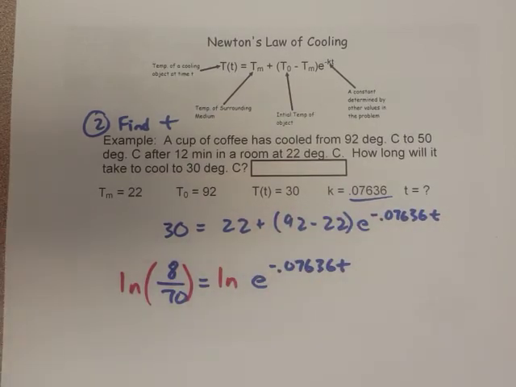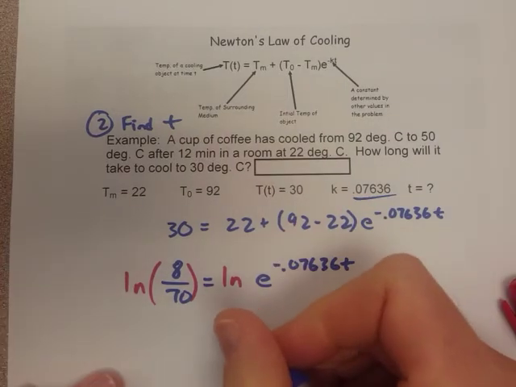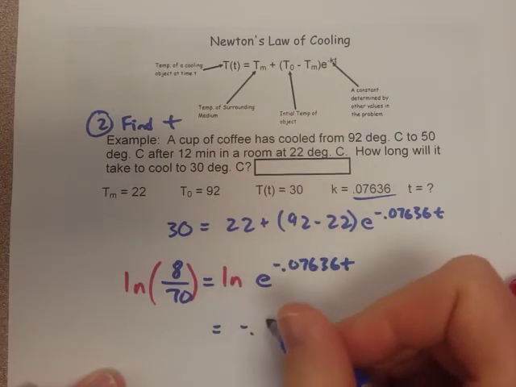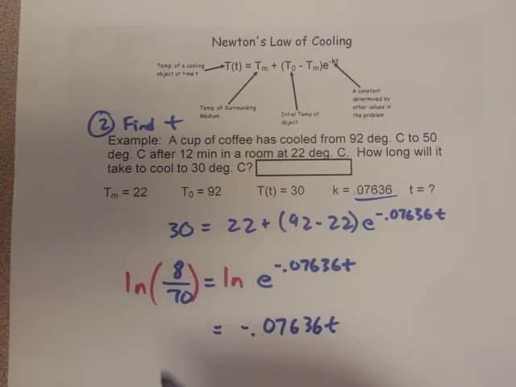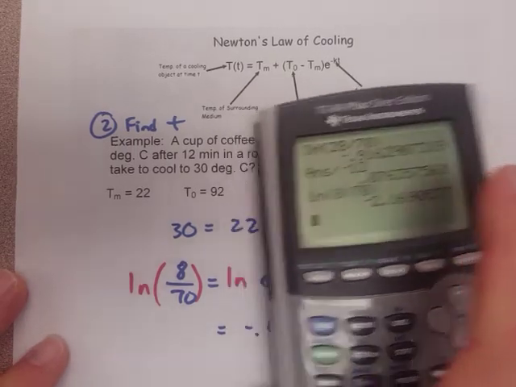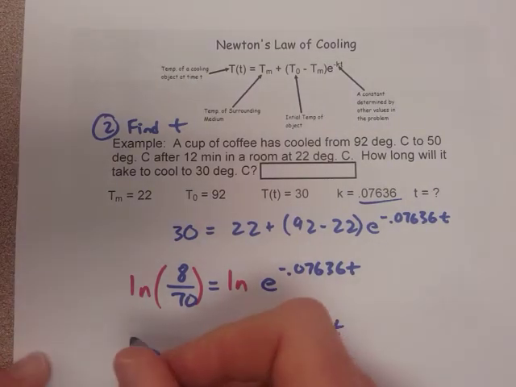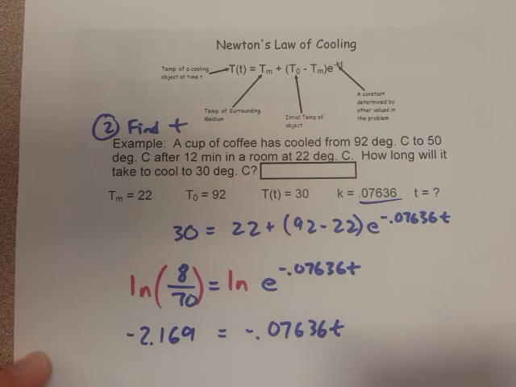Again, we're going to let the calculator do some of the work here, but once we do this, it's going to be negative 0.07636 t equal to ln of 8 divided by 70, which is negative 2.169.